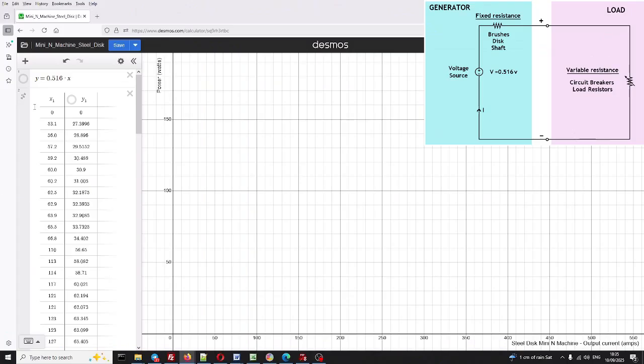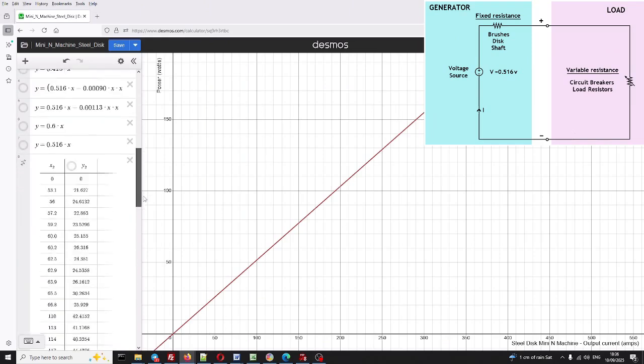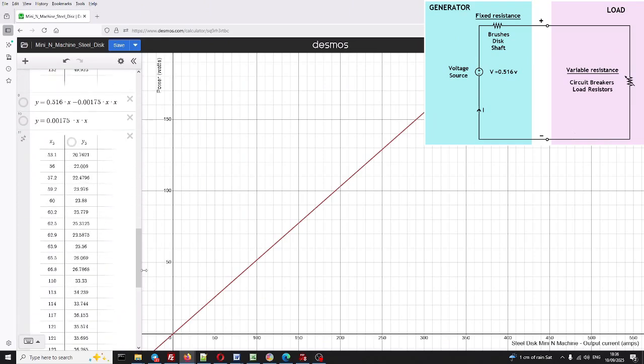As we saw, the total output power across the whole circuit is a straight line. We can also plot the power going to the load resistance as that resistance changes. This produces a y equals x minus x squared curve. Now the power going to the rest of the circuit, i.e. the fixed resistance of the brushes, disc and shaft, is a y equals x squared function.